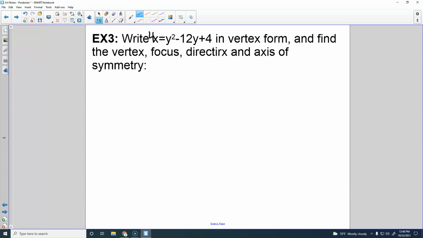So instead of x equals, we've got 4x equals y squared minus 12y plus 4. Actually, just so I can make a point here, make that 3 instead, sorry. Let's do a 3. Four just went too easily into that stuff. Yes, oh sorry, x. Thank you.